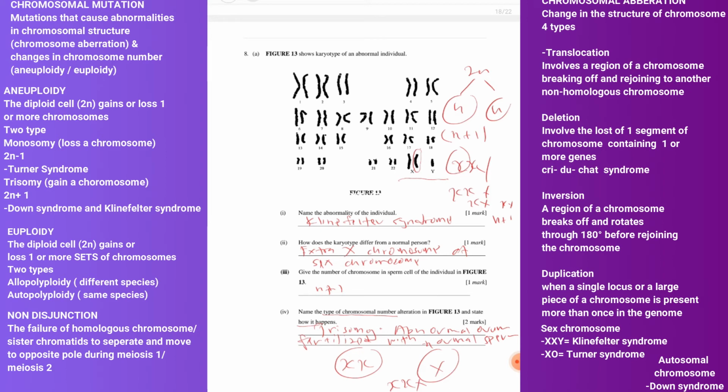That's why Klinefelter syndrome is produced.